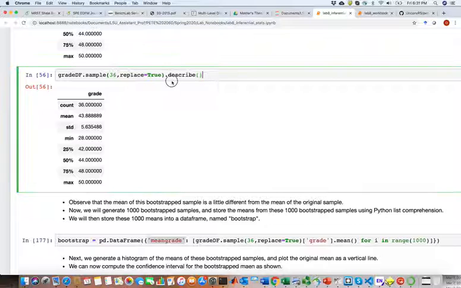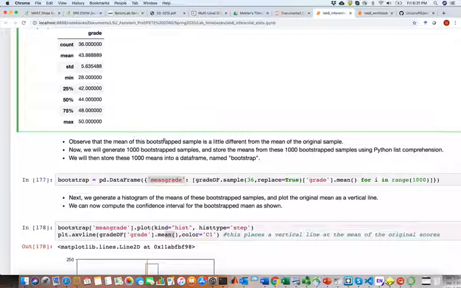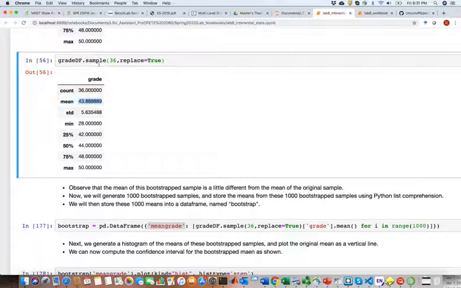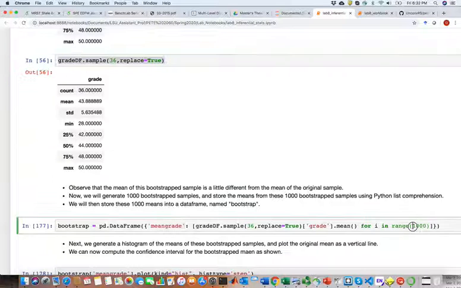Good. And that summarizes what I explained earlier. The next step is to get the mean for several bootstrap samples. This is just one bootstrap sample, right? So we want to get 1,000 bootstrap samples. That's what this is doing, 1,000. Then we don't want to store all of those 36 samples, 1,000 times.